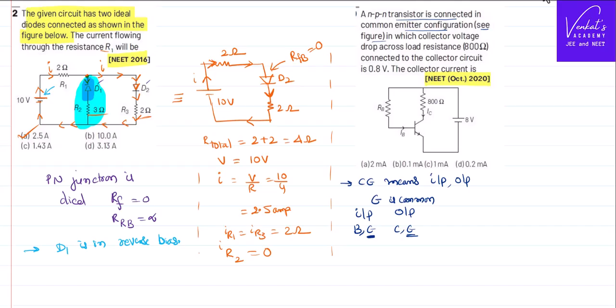That's called common emitter configuration, in which the collector voltage drop across the load resistance is given as 0.8 volts.